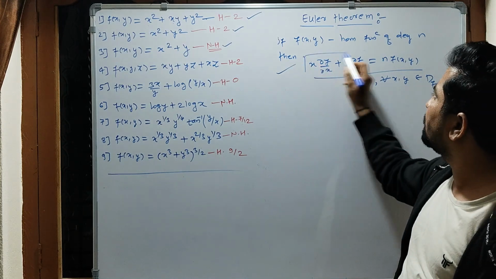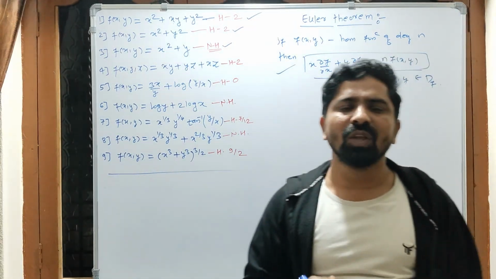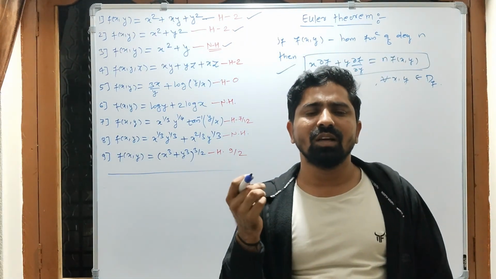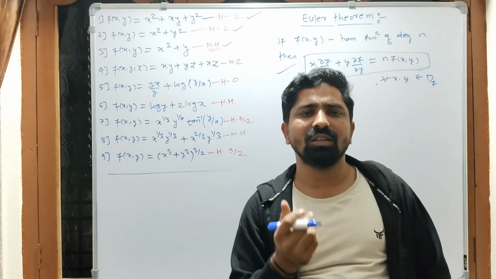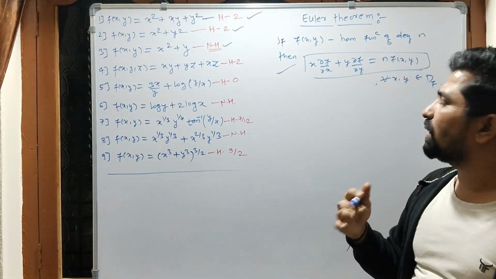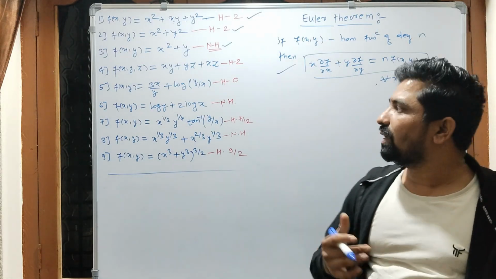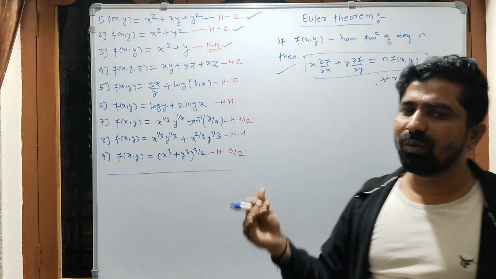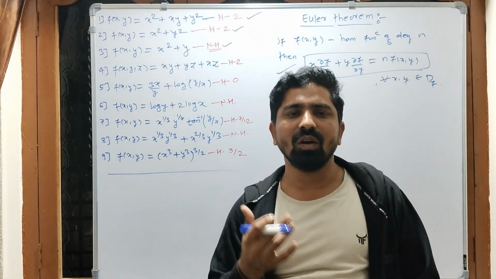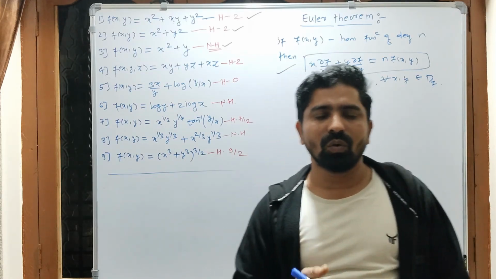If this condition is satisfied, then you can say the given function verifies the condition of the Euler theorem, that is x dou f by dou x plus y dou f by dou y equals n times f of x, y. In this way we can solve any problem about homogeneous functions or Euler theorem in the exam. Okay, thank you.